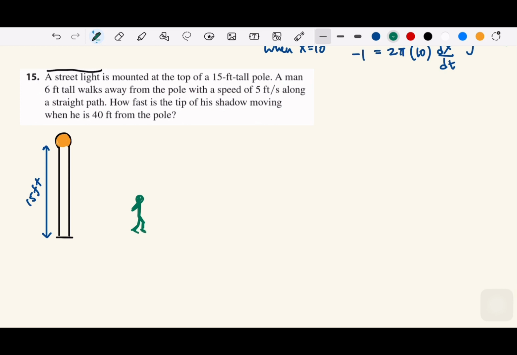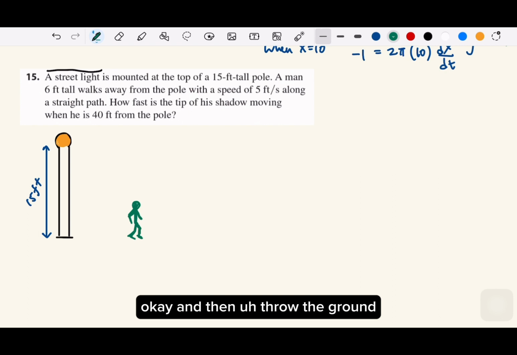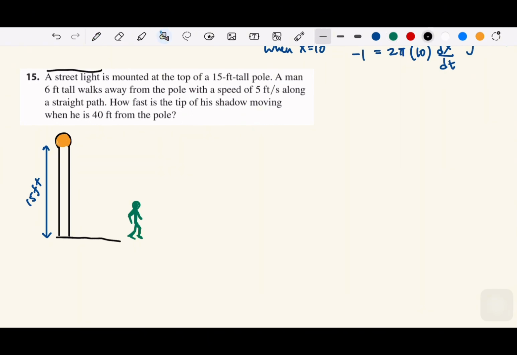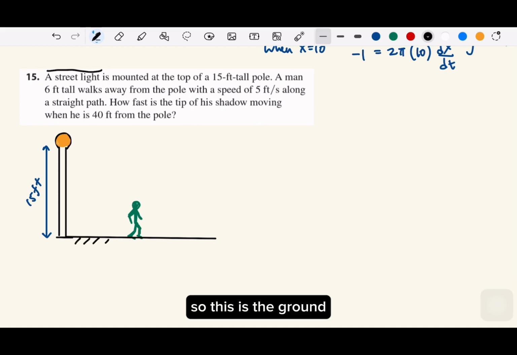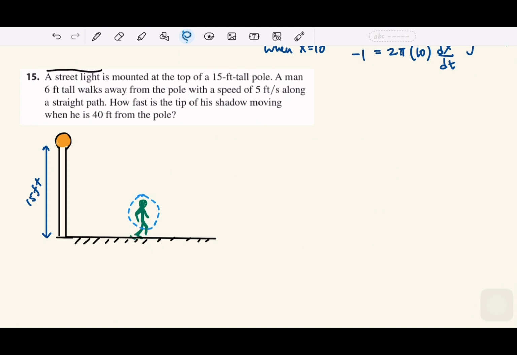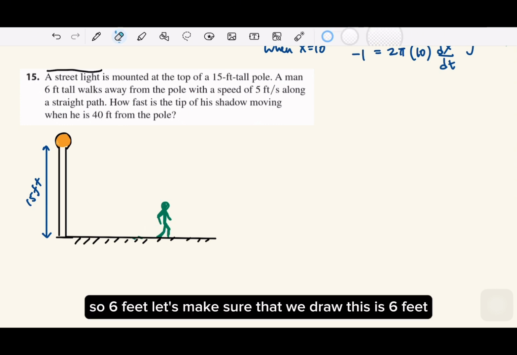He's walking. Okay, and then let's draw the ground. So this is the ground. The man is 6 feet. Maybe draw here. So 6 feet. Let's make sure that we draw this is 6 feet.